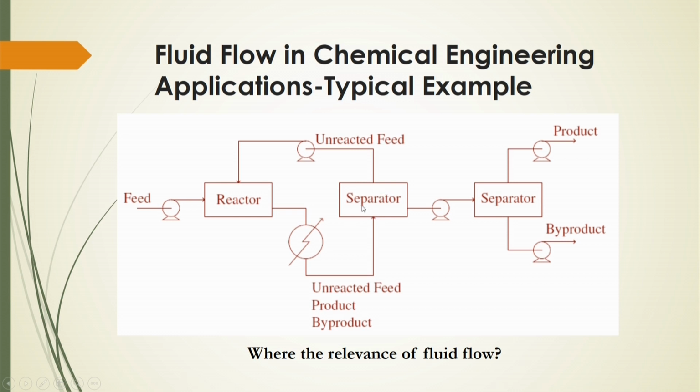And in this separator, after certain chemical processes, the products will be separated into various types of products, and also byproducts. So, for this to send from one equipment, one unit to another unit, the pump is required, pipes are required, and also for the process the different units are required.